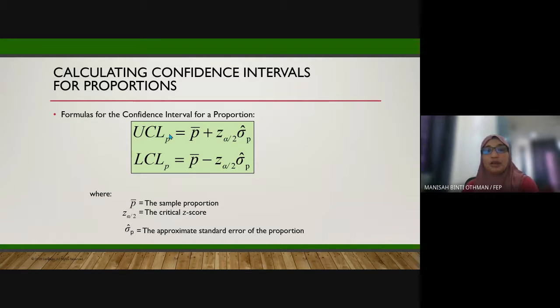The formula for the upper and lower limits: P bar, which you get from the previous formula or is provided to you, plus or minus the Z value from the table based on the confidence level, times the standard error of the proportion.